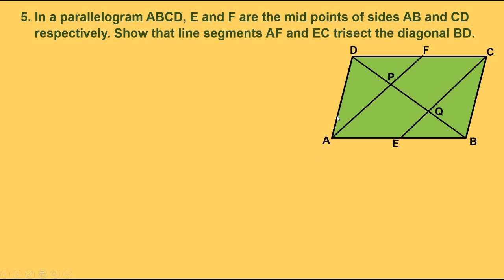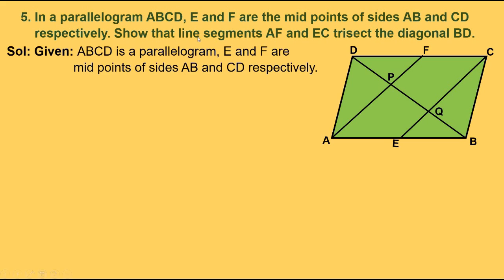The solution: given ABCD is a parallelogram. E and F are the midpoints of sides AB and CD respectively. To show line segments AF and EC trisect the diagonal BD, that is DP is equal to PQ is equal to QB.